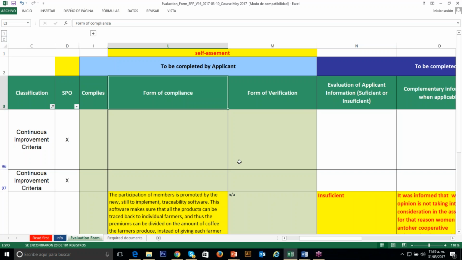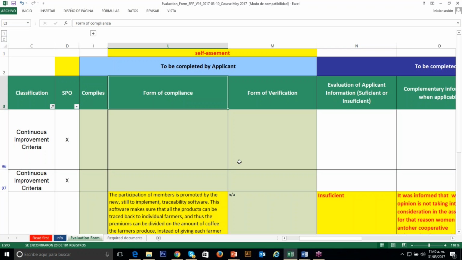I'm not sure if I understand your question or comment very well, but I'm going to repeat what you said to confirm. You said that in your personal opinion, the self-assessment must be conducted at the same time with the small producer organization or the representative that completes the format, and the evaluator.